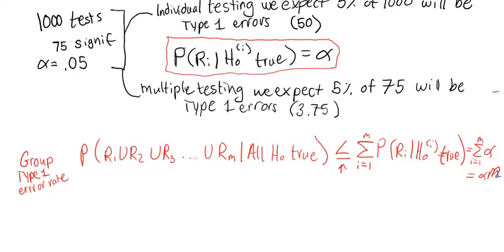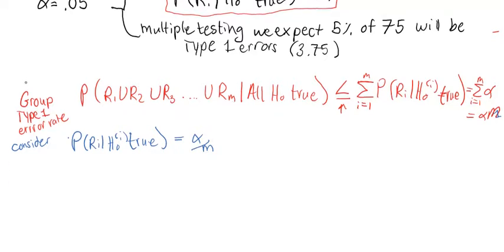So instead, consider looking at the individual testing rates, not using this criteria, but still set an alpha value, but instead do individual tests at alpha divided by m.